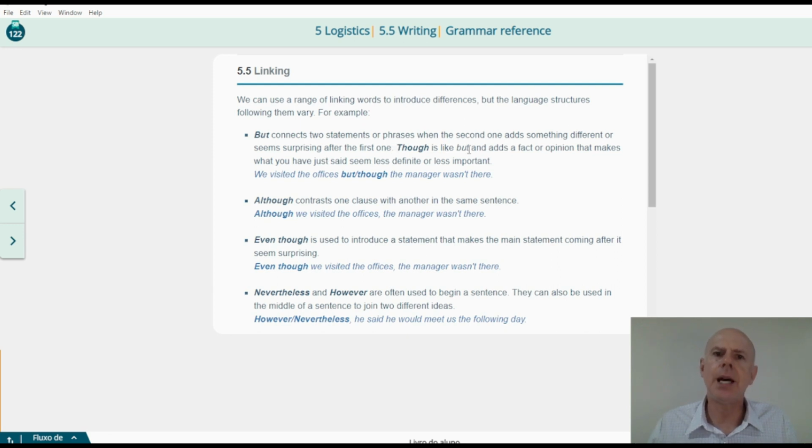Though is like but; it adds a fact or opinion that makes what you have just said seem less definite or less important. We visited the offices, but the manager wasn't there. We visited the offices, though the manager wasn't there.